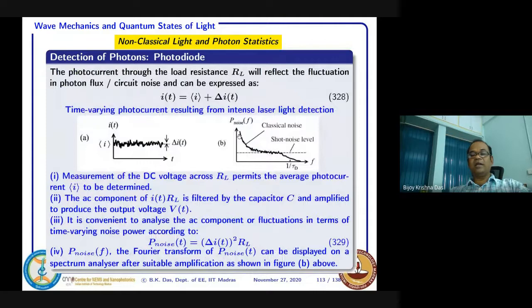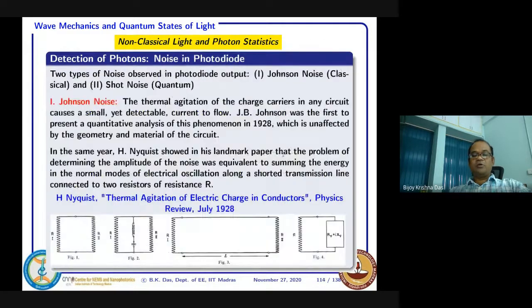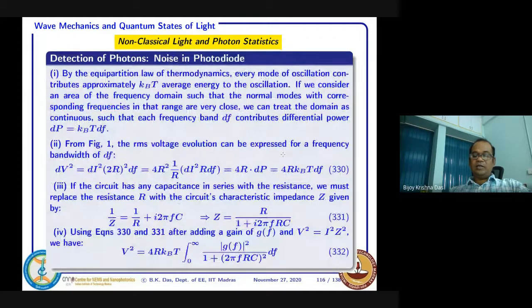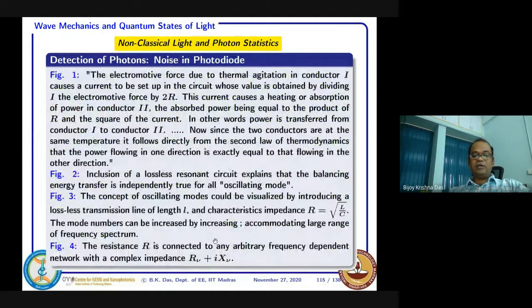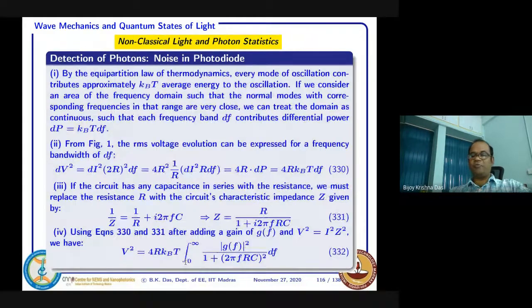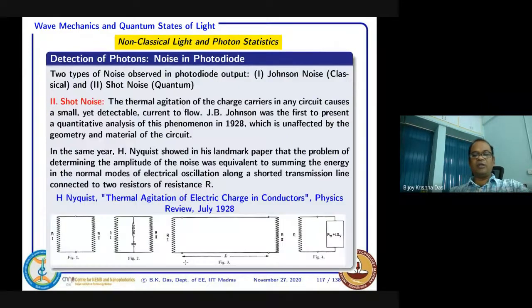That is how you get what is called classical noise or Johnson noise. Whenever you have a load, even if you are not connecting a capacitor, some fringing capacitance and some noise will be there, and some inductance may also have to be considered. It is a very simplified model.